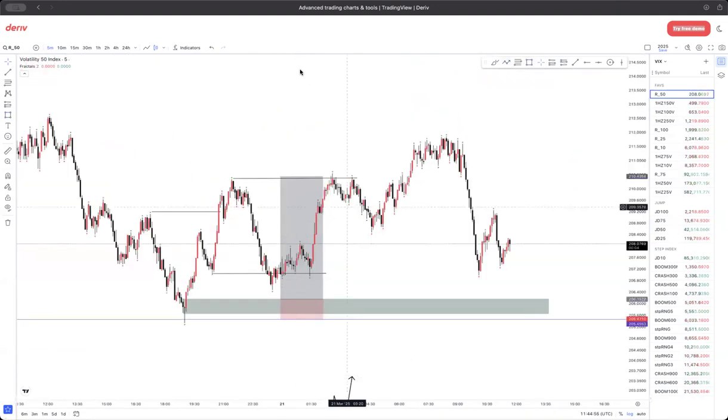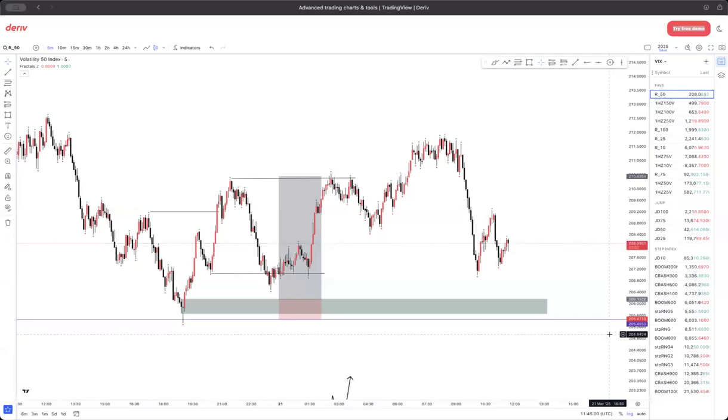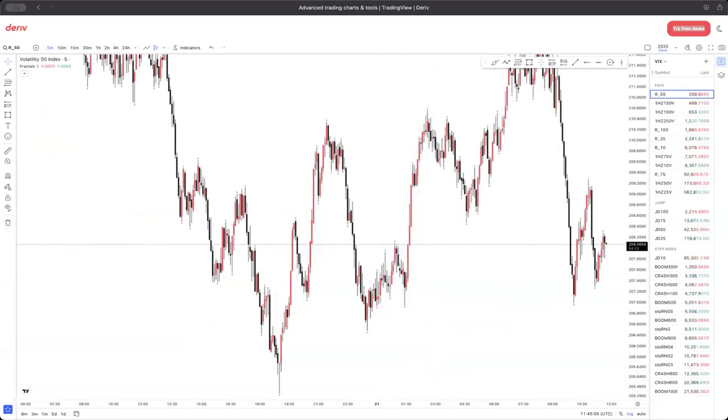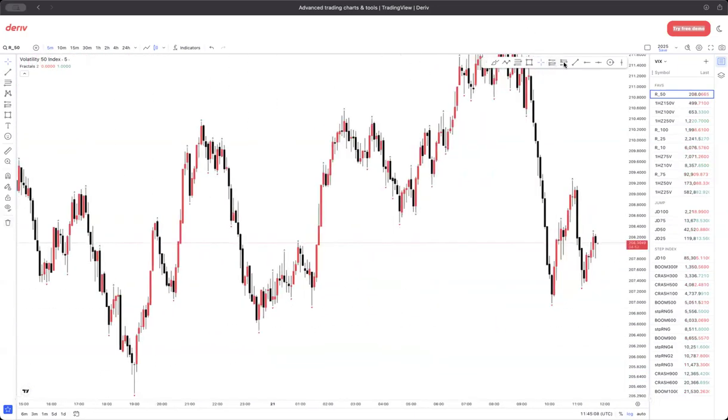Let me use the chart to explain that. Now let me just delete what I have on V50. Just look at my explanation here. Now we have this as what? A sweep of liquidity, and again that's a sweep of liquidity. Now, this is a buy that was supposed to happen.